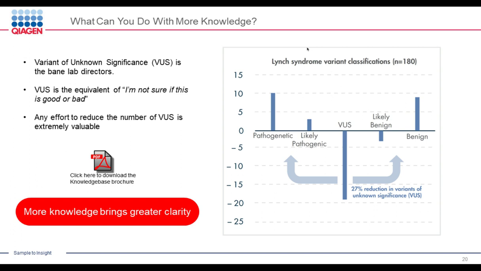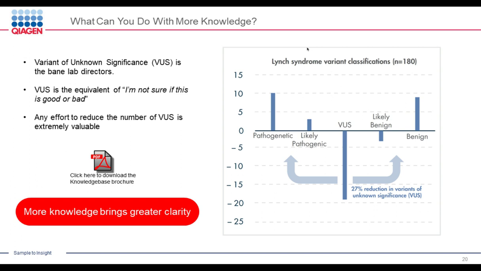And what can you improve when you have more knowledge? We did some benchmarking, and this is an example of looking at Lynch syndrome variants. We looked at around 180 variants in ClinVar and compared how those variants would have been classified using not just the publicly available information, but also QIAGEN Knowledge-base.